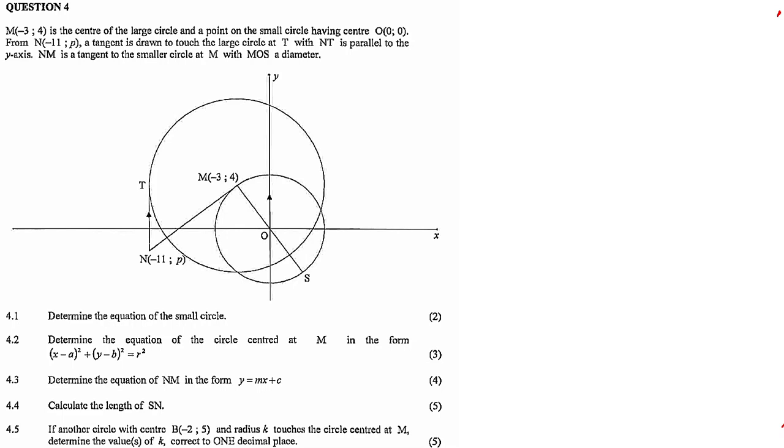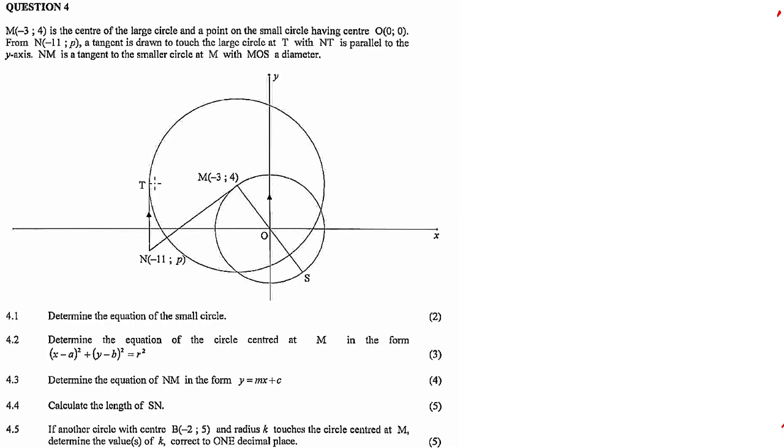Here M is the center of the large circle, and a point on the small circle having center (0, 0). So the point M is a point on the circumference of the small circle with center (0, 0). From N, a tangent is drawn to touch the large circle at T, with NT parallel to the y-axis.